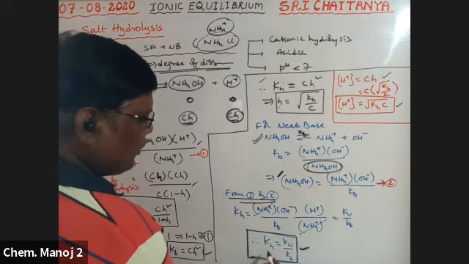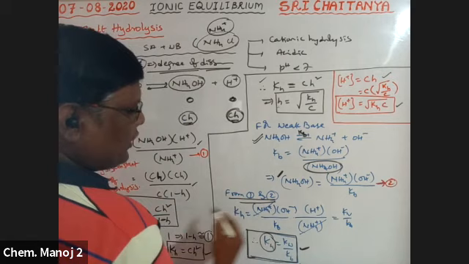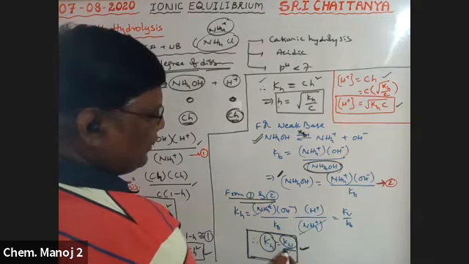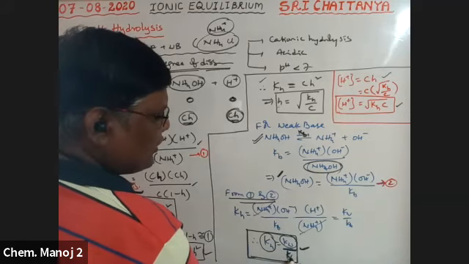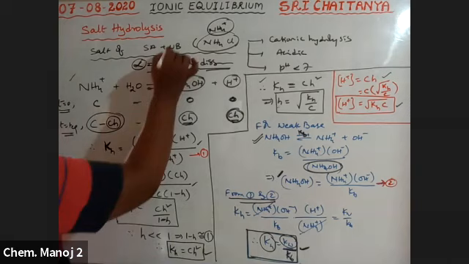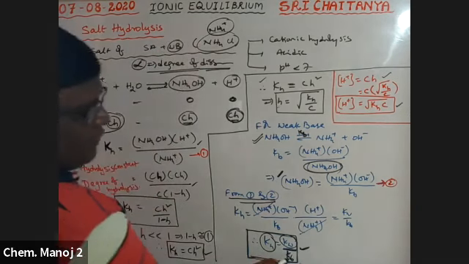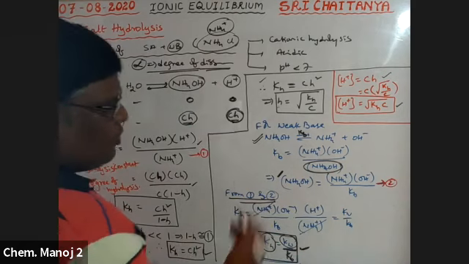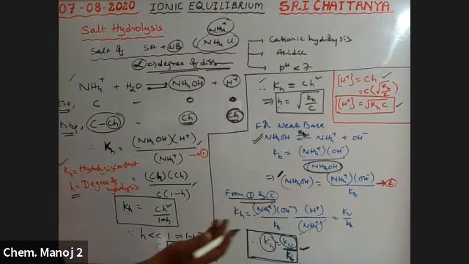This is very important. What is Kh? The hydrolysis constant. Kh is equal to the ionic product of water divided by the dissociation constant of the weak base. Here the salt contains a weak base, that's why the weak base dissociation constant is used. If it is a weak acid, the weak acid dissociation constant is used.